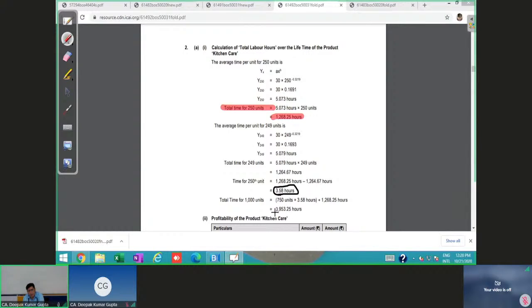Total time required for 1000 units is 3953.25 hours.